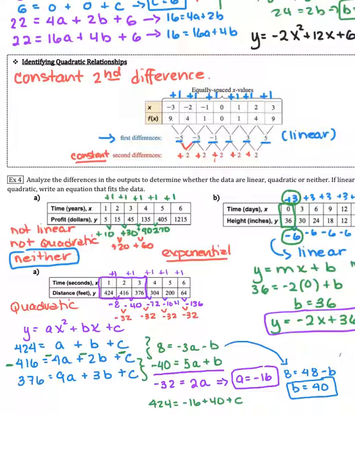So we want to solve for c. So 424, 40 minus 16 is 24, plus c, and then we subtract 24 from both sides, so we get c is 400. When you're done, though, you do want to write the final equation, so we put it all together. So y equals negative 16x squared plus 40x plus 400.